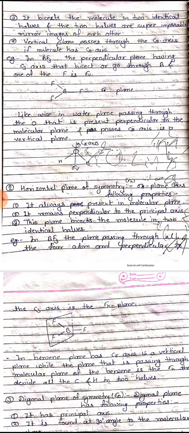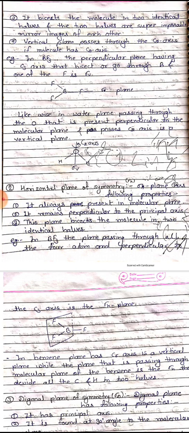If this molecule is bisected along this plane, then you will get two halves in which all the atoms are cut equally.